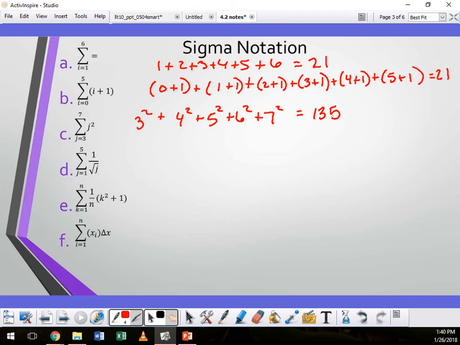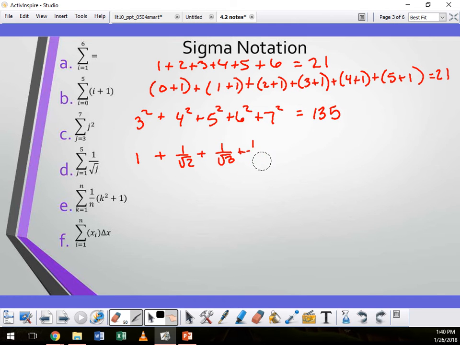So for this right here, what do we have? 1 over square root of 1, which is just 1. Plus 1 over rad 2. Plus 1 over rad 3. Plus 1 over rad 4, which is 1 over 2. Thank you. That's what I was looking for.